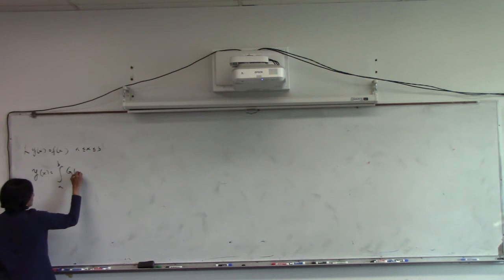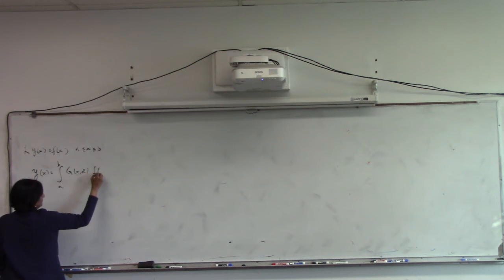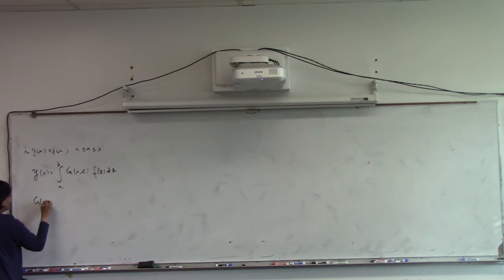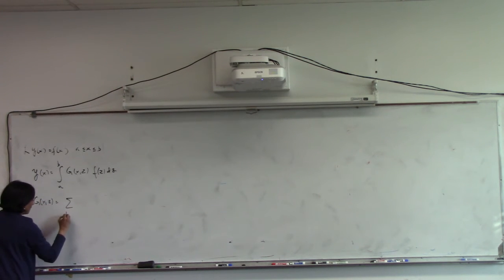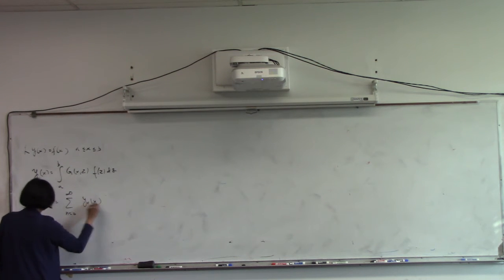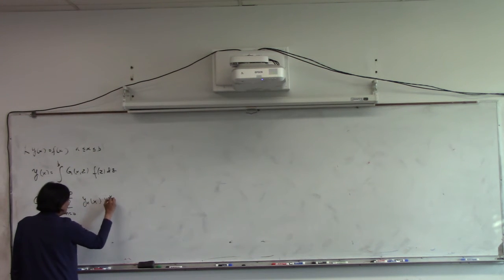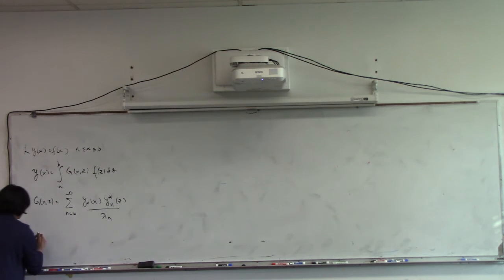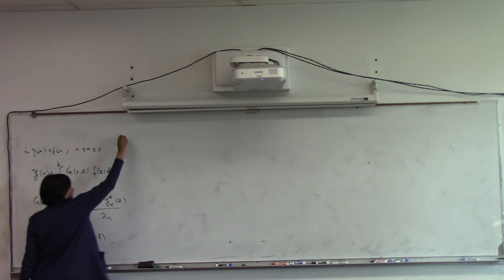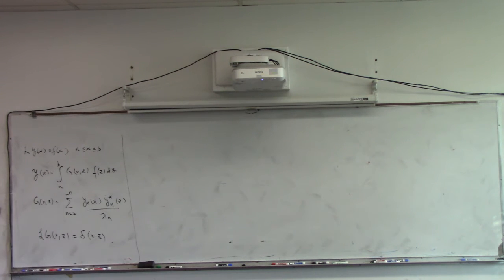The Green's function, f of z, dz, two variables. These are the only important things that you have to know.